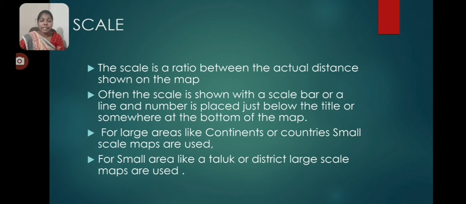But in the case of smaller areas like a taluk or district, we need to look into smaller, minute details, right? That's why we have large scale maps for smaller areas, and in the case of large areas like continents or countries, we use small scale maps.